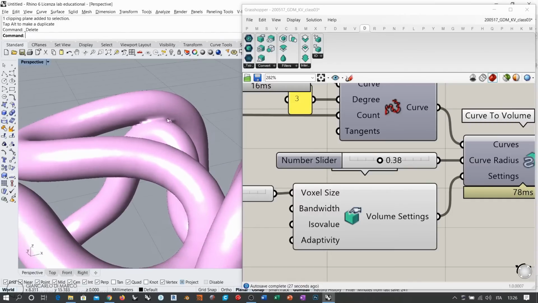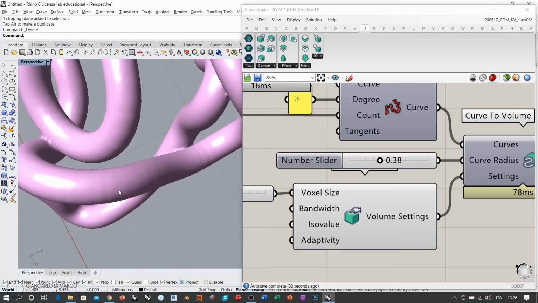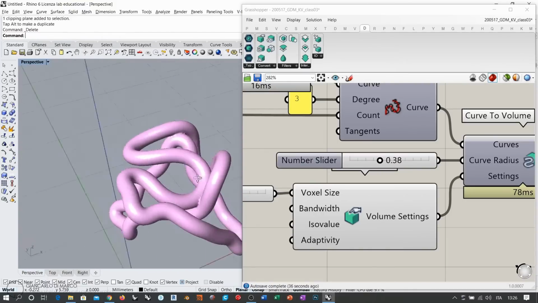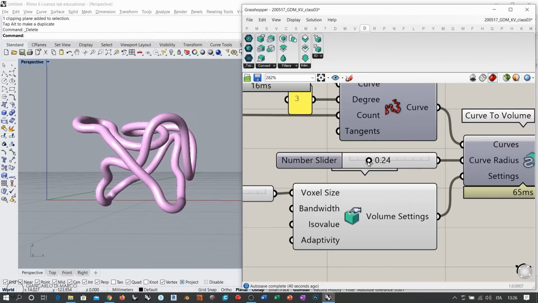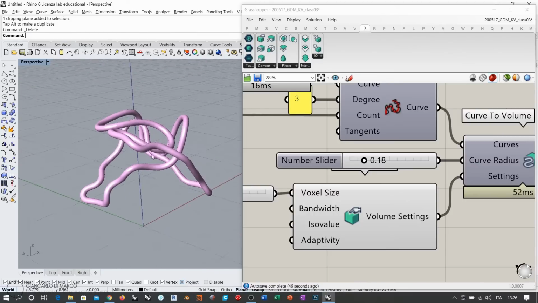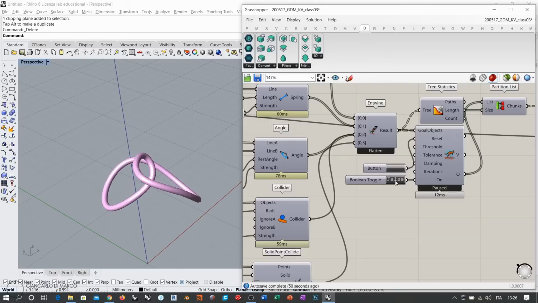So you see that in this case, you have no self-intersections, but you have just some merging going on. That's how you recognize that the curve has become, let's say, unstable during the simulation, and then you might want to also control the separation between the different parts of the curve.